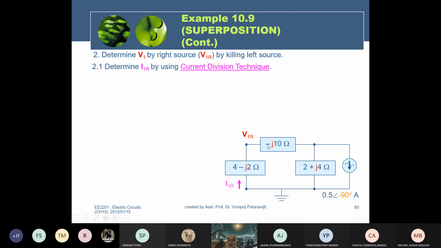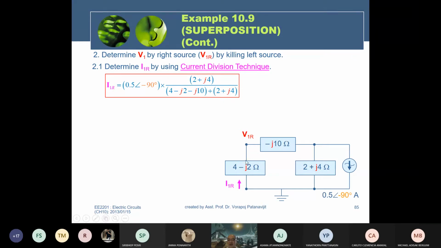The total impedance in the left-hand branch equals 4 minus j2 and minus j10, yeah? And the current flowing in the right-hand side branch, equal to 2 plus 4j. The one current flowing in here splits in two.